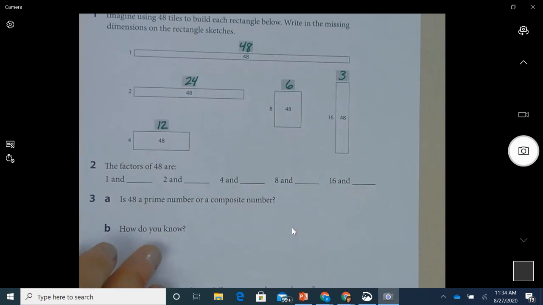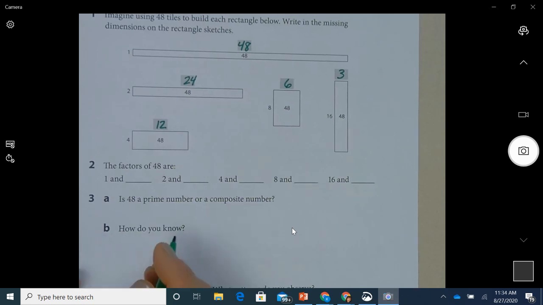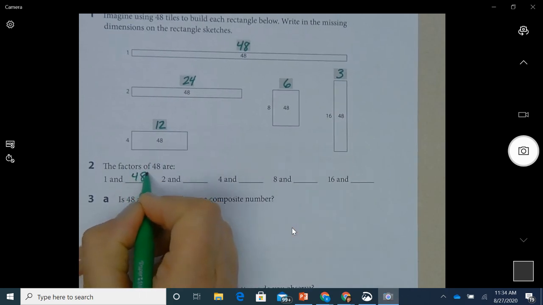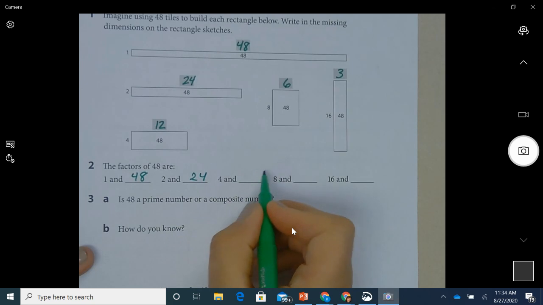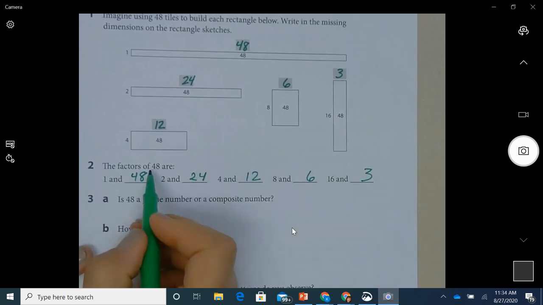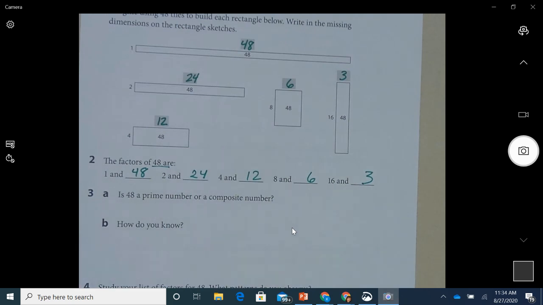Go ahead and list those missing factors. So I know that 1 and 48, 2 and 24, 4 and 12, 6 and 8, and 16 and 3 are all factors of 48. So does that make 48 a prime number or a composite number? Go ahead and answer that.